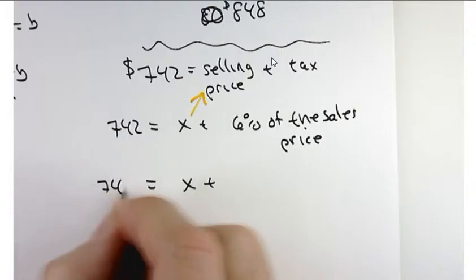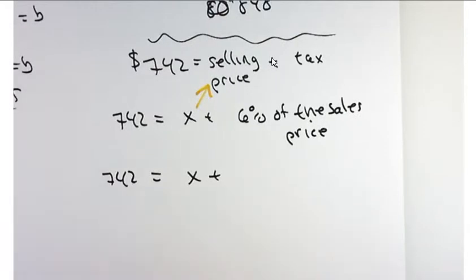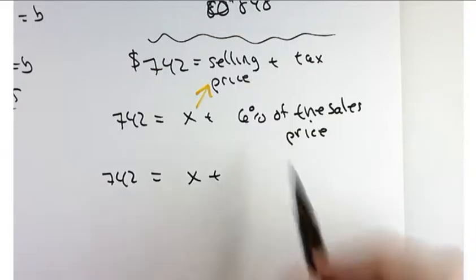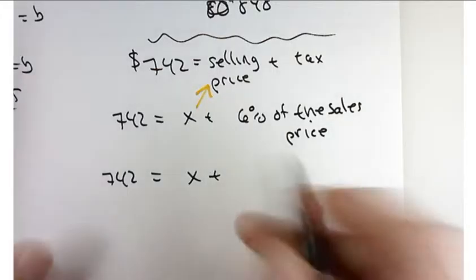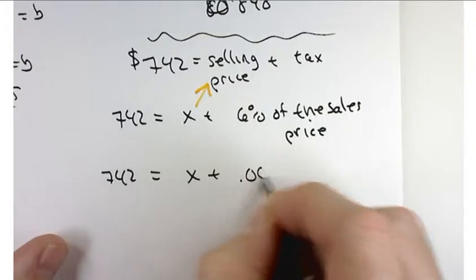742, that's on the left-hand side still. How do I represent 6% of the selling price? What expression could I write here for 6% of the selling price? Well done. 6% as a decimal is 0.06.